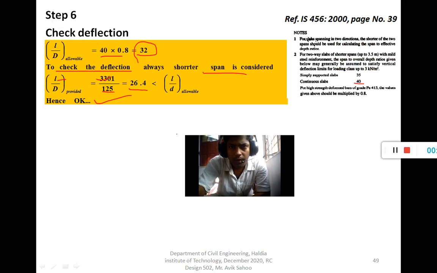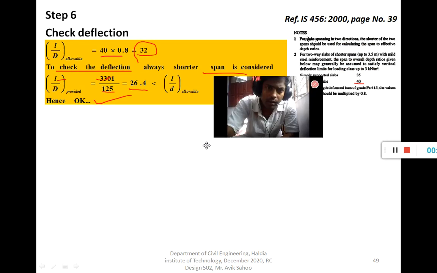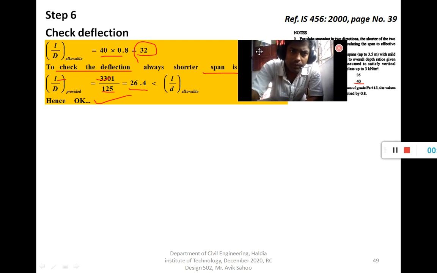So we verify the deflection using the codal provision, and the provided D is less than allowable, hence okay.